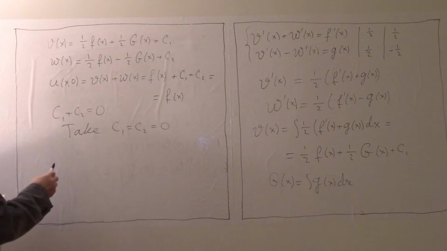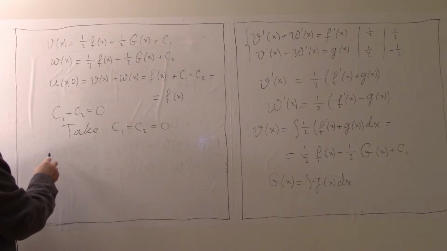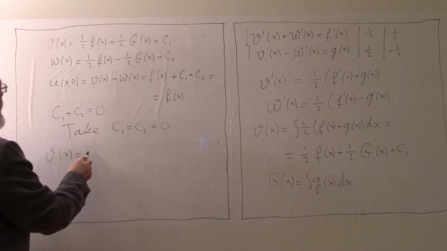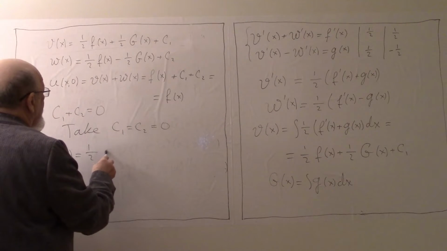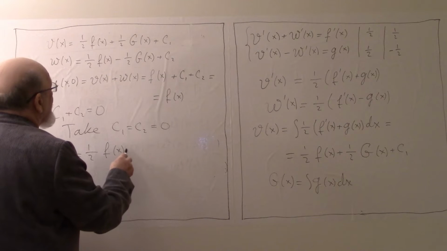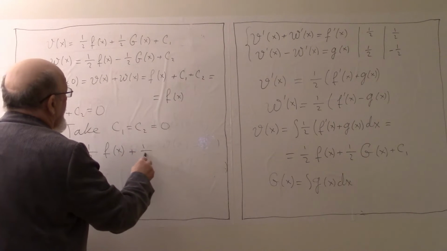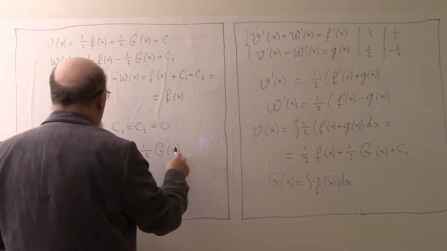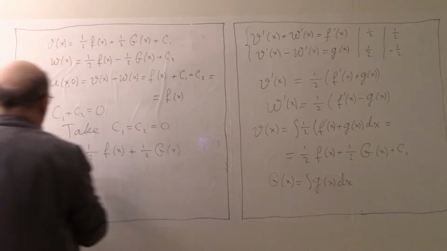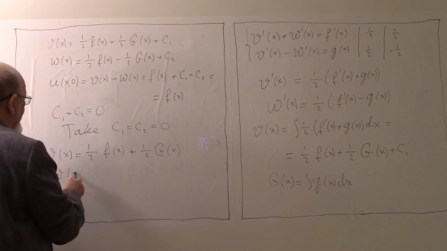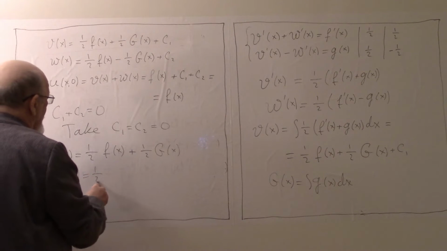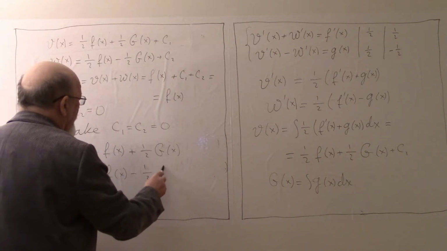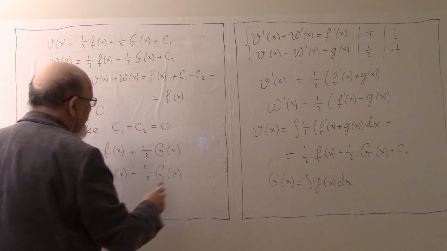And so you have v of x equals 1/2 f of x plus 1/2 capital G of x, simply so, c1 is 0, and w of x equals 1/2 f of x minus 1/2 capital G of x.